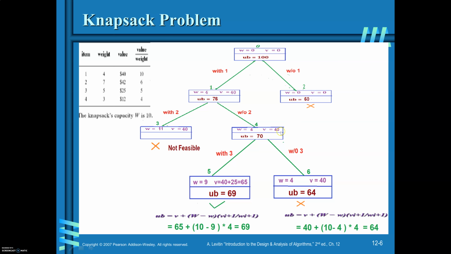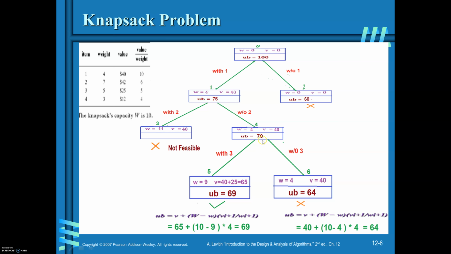So when you continue with this node, now in the third level, you have to make a decision whether to consider the third item into the sack or not. So when you consider the third item into the sack, the total weight is 9 and the value of the third item makes the total value 65.